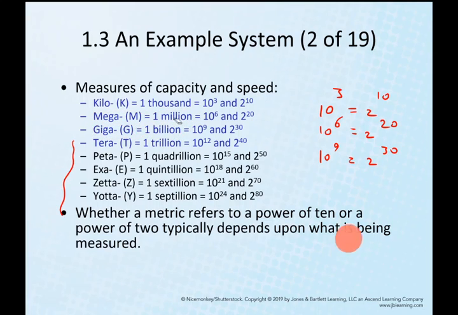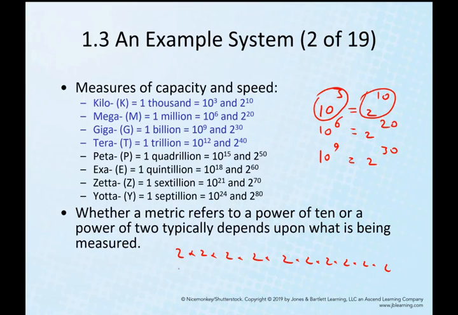The first four are more important: kilo, mega, giga, and tera, and we can continue to peta, exa, zetta, yotta, and so on. All of them are units, but the first four are the most important, which we usually use. But don't forget, 10 to the power of 3 is roughly 2 to the power of 10. If you multiply 2 ten times, 1, 2, 3, 4, 5, 6, 7, 8, 9, 10, it's not exactly 1000.